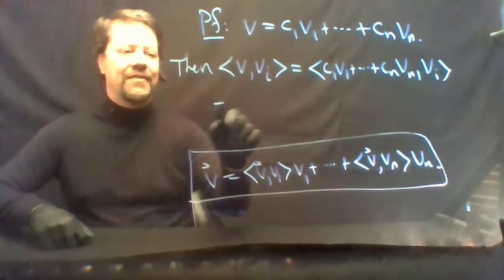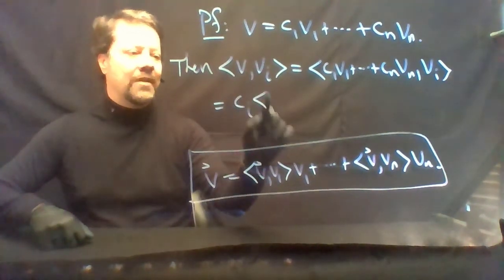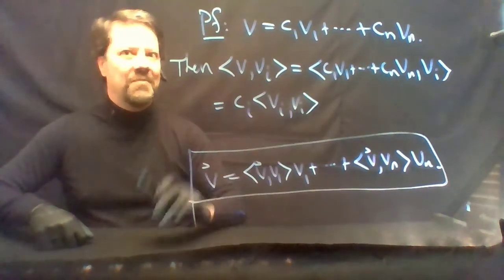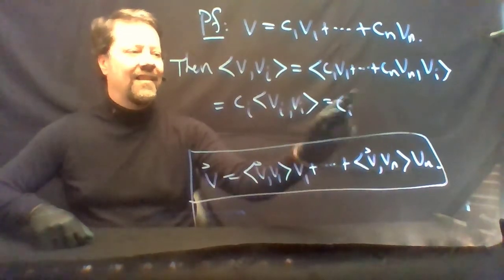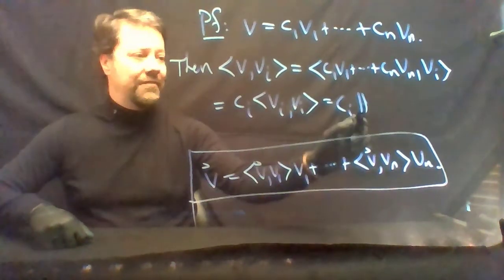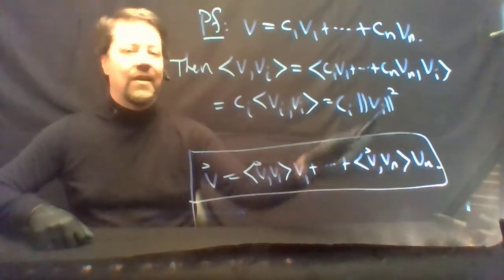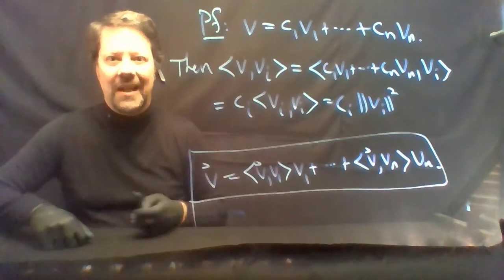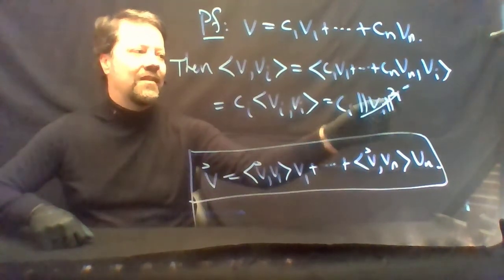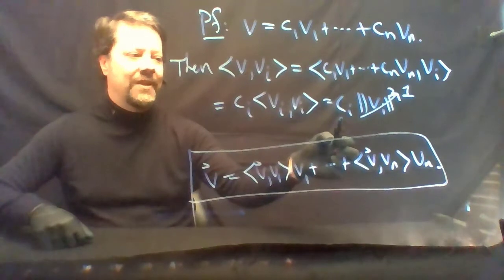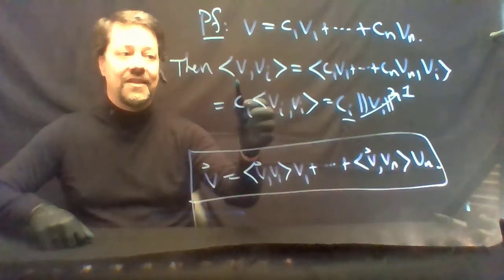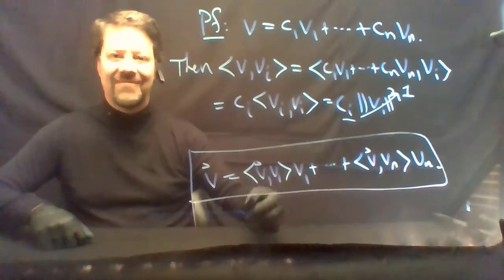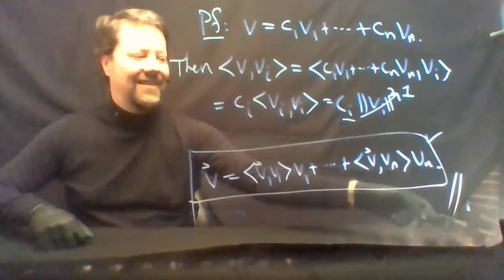The only term that's left over is ci times the inner product of vi with vi. But remember, the inner product of a vector with itself is its norm squared, and we've assumed that these vectors in the basis have been normalized, so their lengths are 1. We deduce then that the coefficient ci is the inner product of v with vi. Adding them all up, we get this. And that's it.